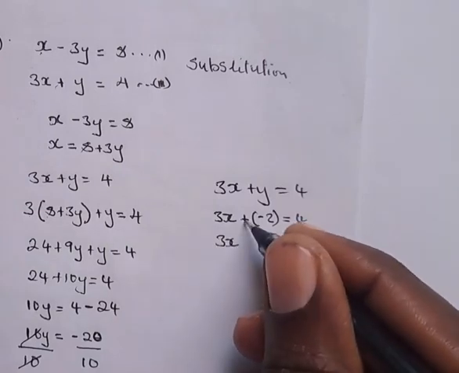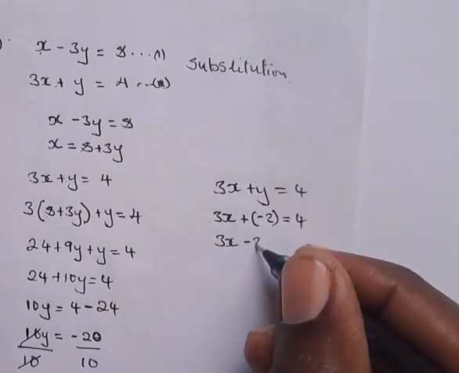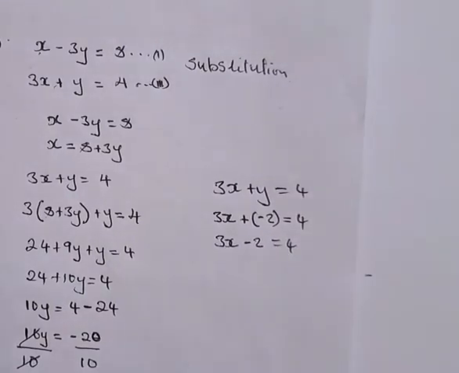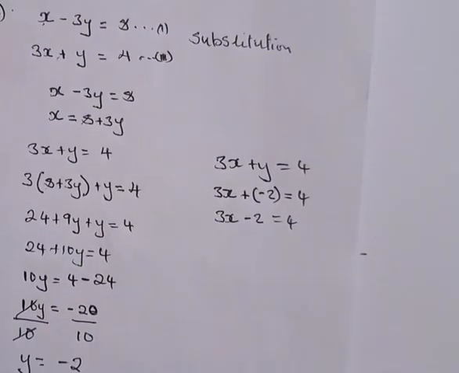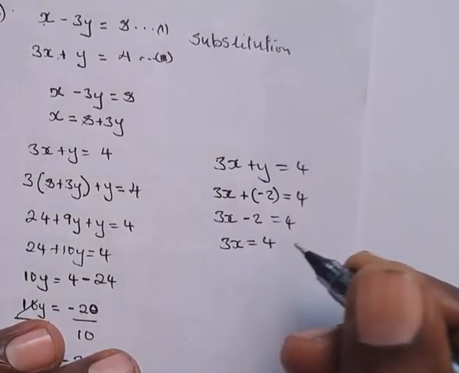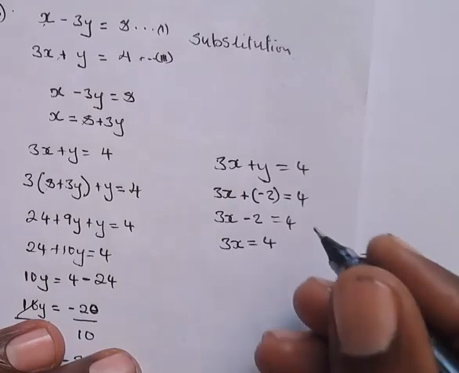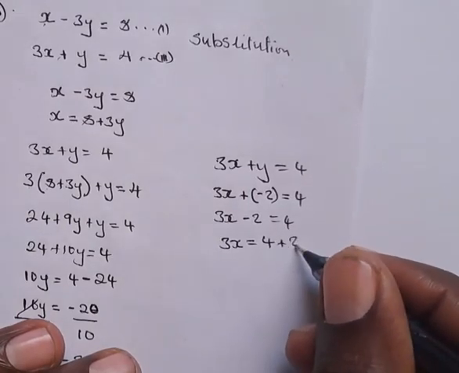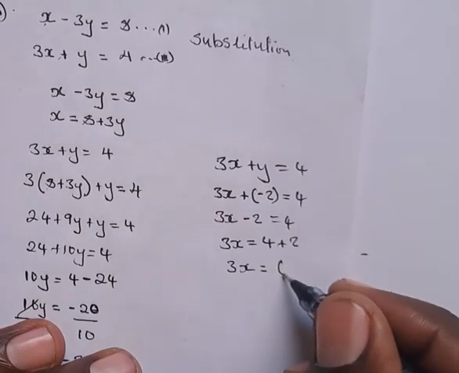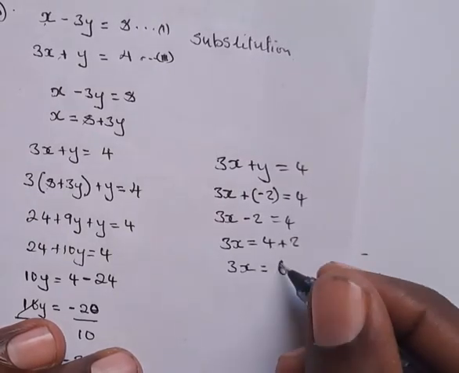Positive times negative, it is negative 2. Then we collect the like terms there. So we're going to have 3x is equal to 4. This negative 2 is going to go the other side to be positive 2. So 3x is equal to 6 because 4 plus 2 is 6 there.